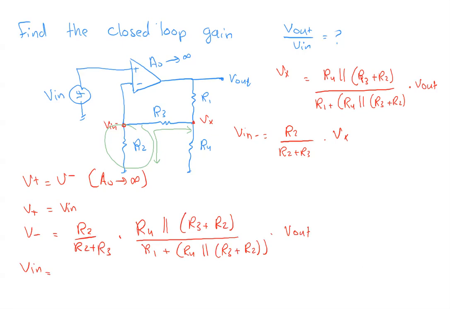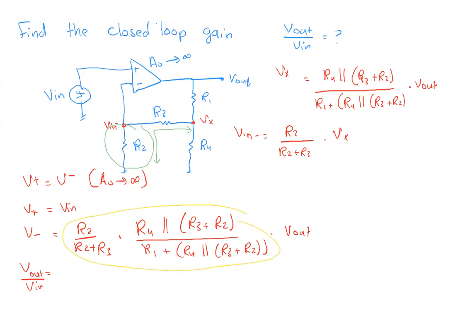Okay, so now in order to write Vout over Vn, just taking one step ahead, I'm going to divide by all this, 1 divided by all of this.